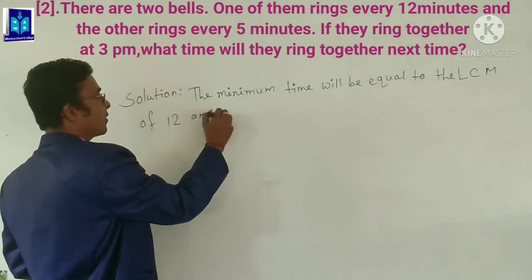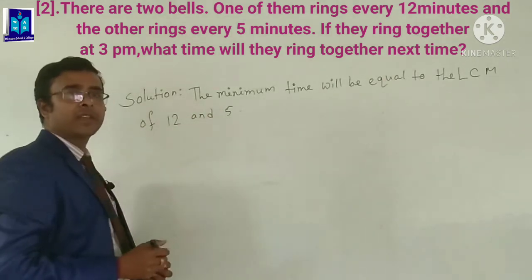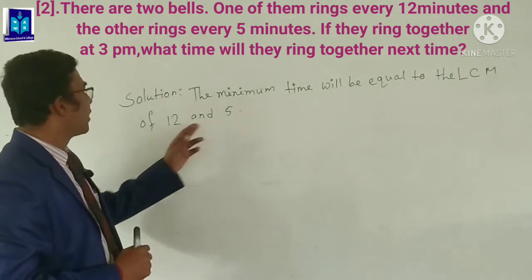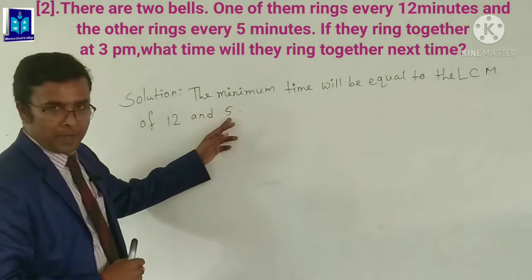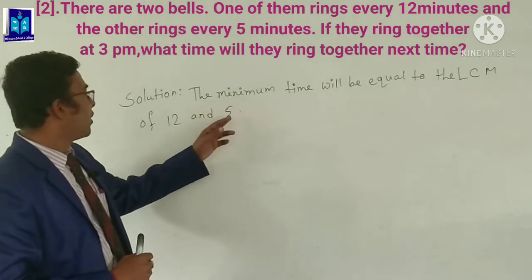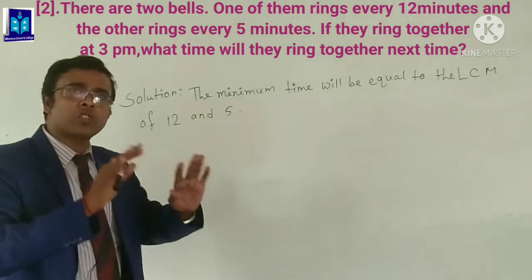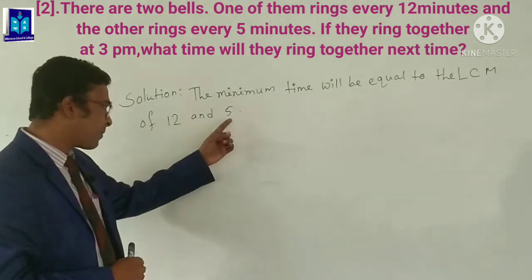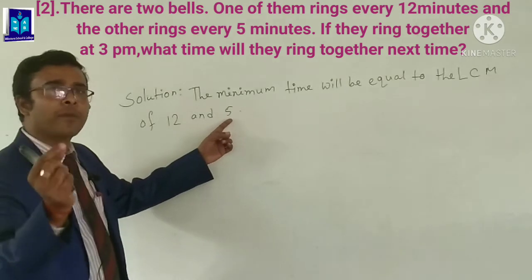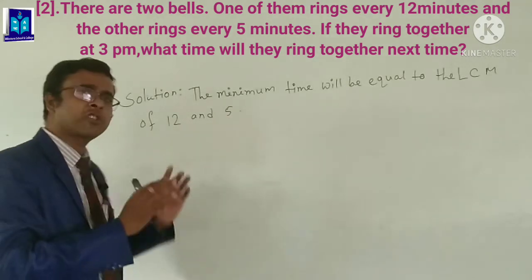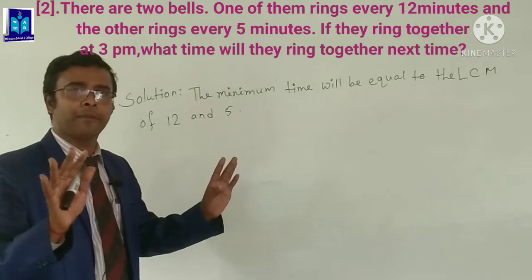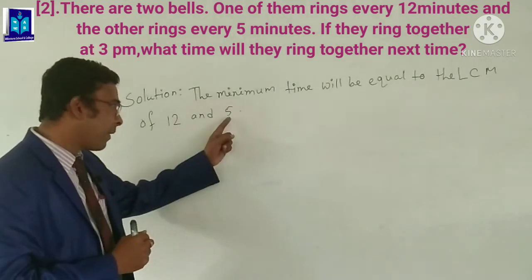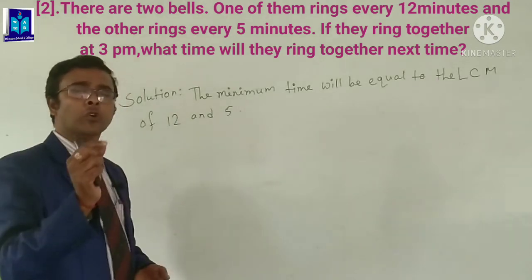12 and 5. Students, if you observe properly, 5 is a prime number. 5 and 12 have no common prime factor because this 5 is only divisible by 5, but this 12 is not divisible by 5. Again, this 12 is divisible by 2, but this 5 is not divisible by 2.